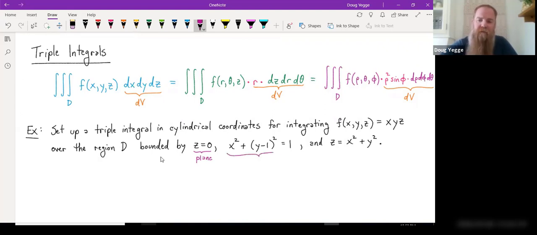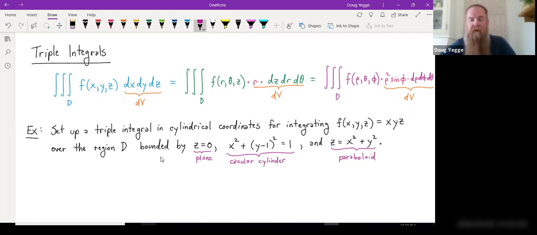You should realize that in the xy plane, that's a circle, so in 3 dimensions, this is just a circular cylinder, which is why turning it into cylindrical form can be beneficial. And lastly, z equals x squared plus y squared. Well, that's a paraboloid.